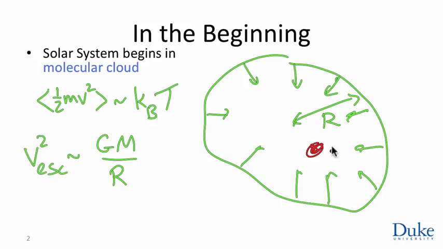If the net fluctuation is large enough compared to the temperature that in fact some significant infall occurs, well then more mass will fall onto this region. This region will become denser still. Becoming denser still, the collapse will be more significant.